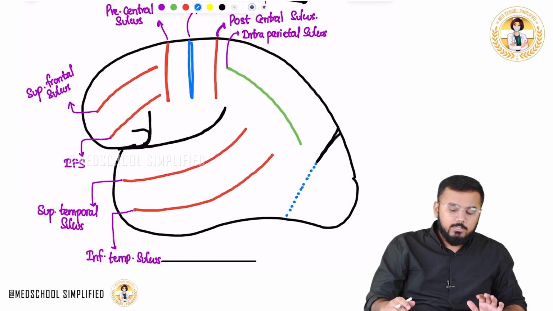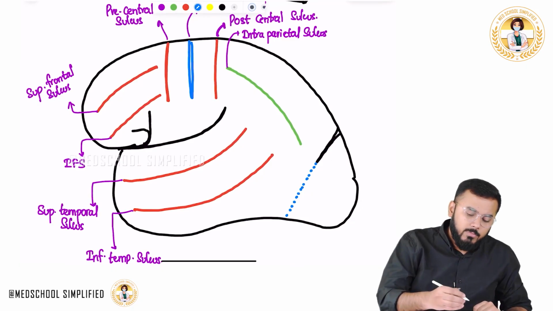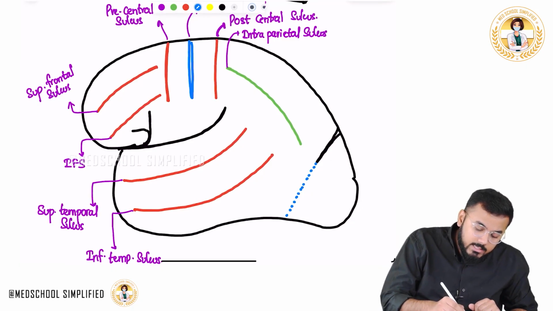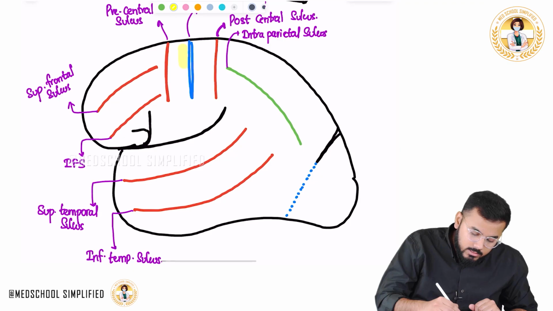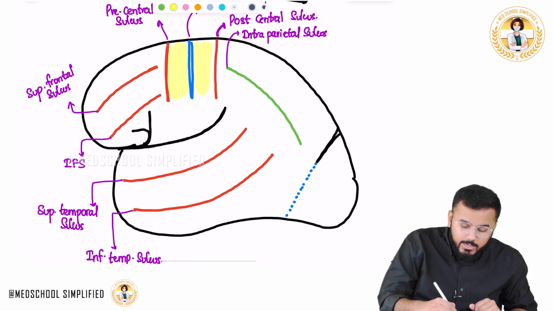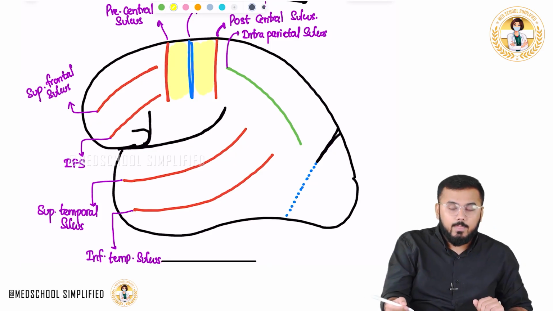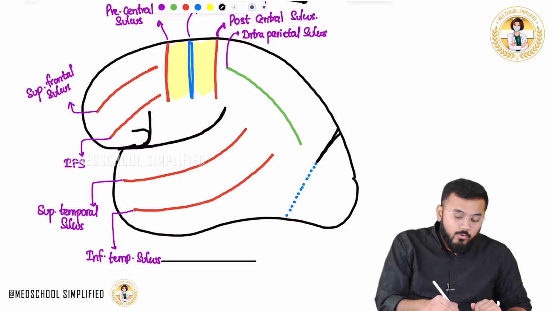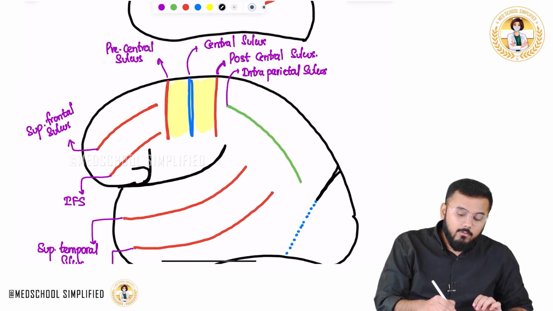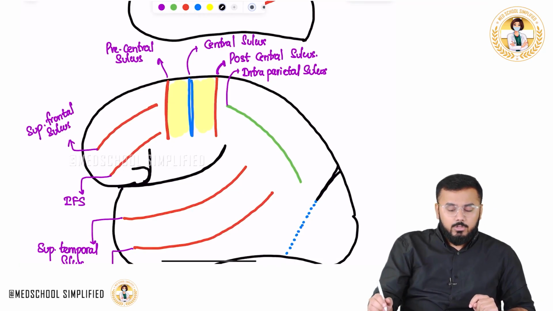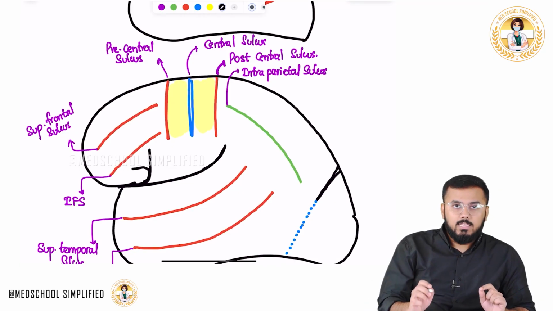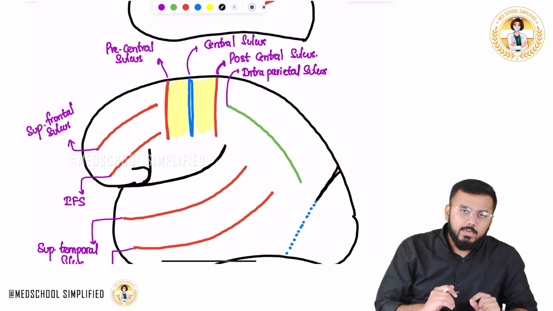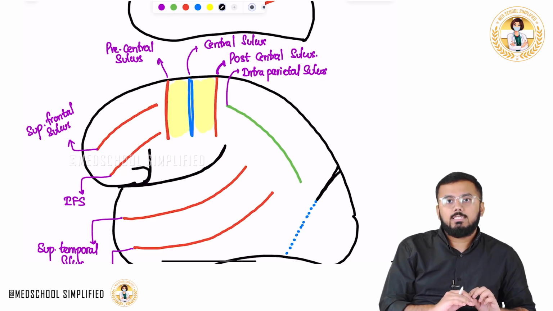Okay, now let us look at these structures over here. What is this area called? This area which I am highlighting right now, what are these two areas called? I will write the abbreviated form. One area is located in front of the central sulcus. What did I tell you? Between the sulci, if you have an open area, that area you call a gyrus.